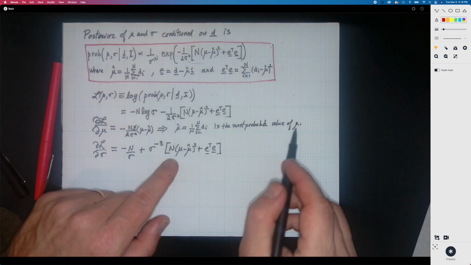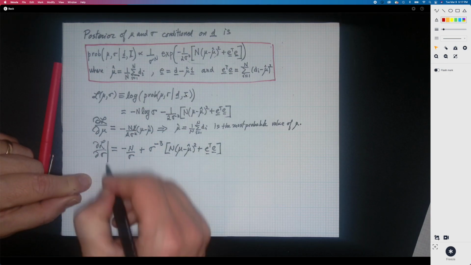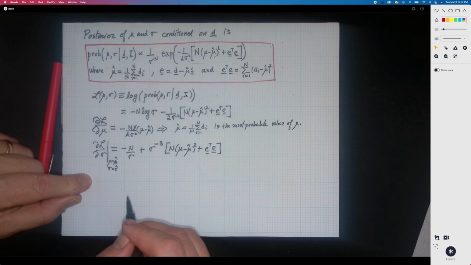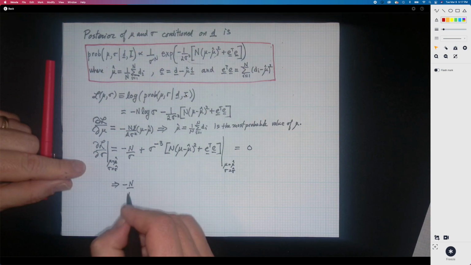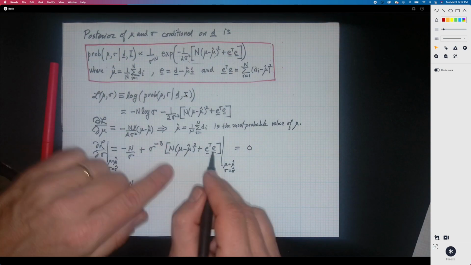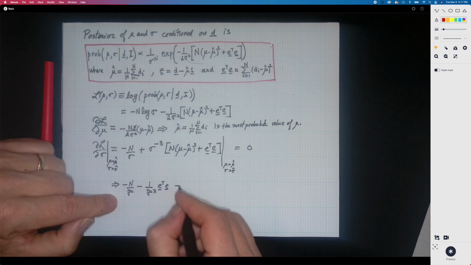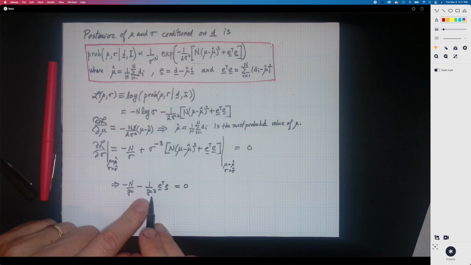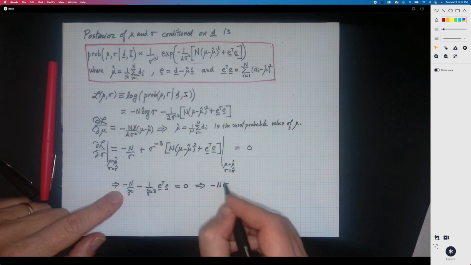So the maximum for mu is at mu hat, so I'm going to evaluate this at mu equals mu hat and sigma equal to sigma hat, and then if mu is mu hat, this term vanishes and I'm just left with the E transpose E. So now I want to solve for sigma hat, so I'll multiply through by sigma hat cubed, and this will give me minus n sigma hat squared.